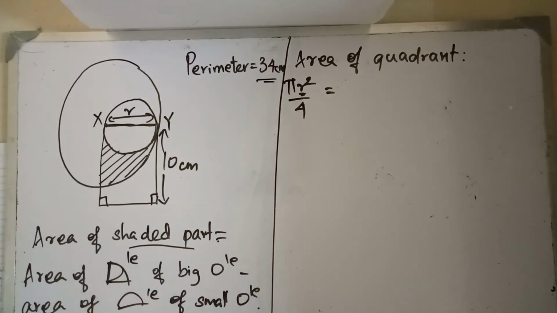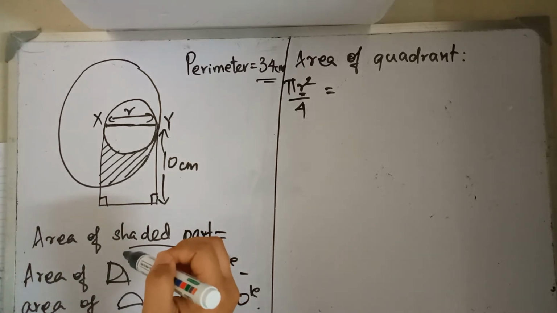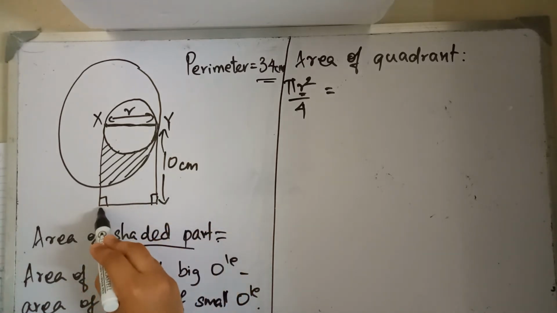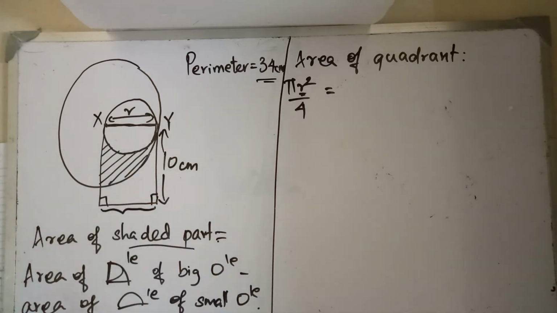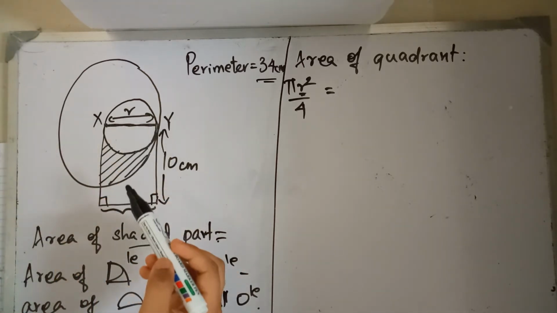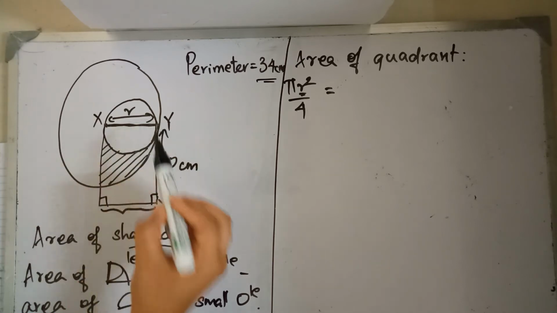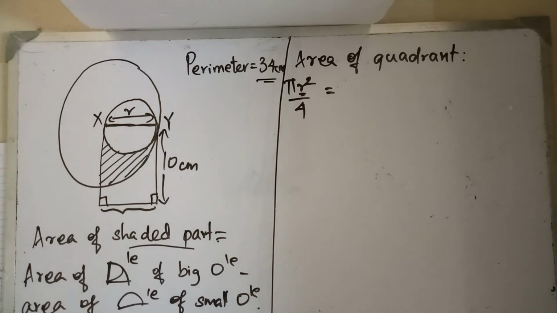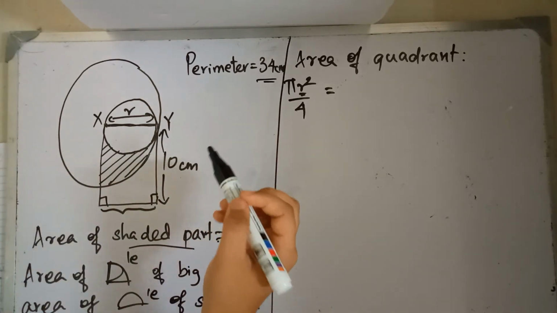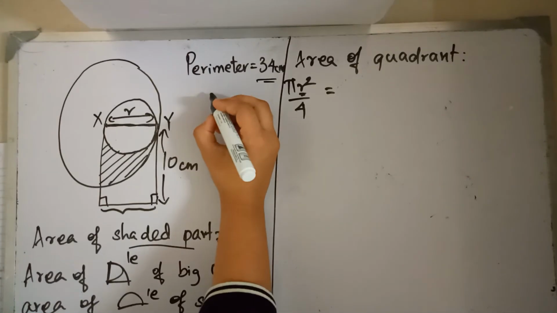The question gives us a clue about the rectangle. If we find the breadth of the rectangle, we can automatically find the radius, because we can see that the breadth is equal to the radius. This is the breadth, this is the length, and the breadth is equal to the radius. So how do we find out the breadth? We have the perimeter, that is 34.